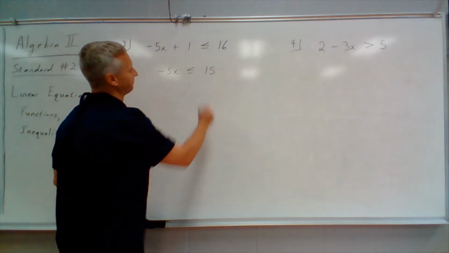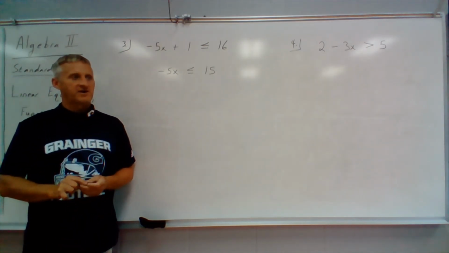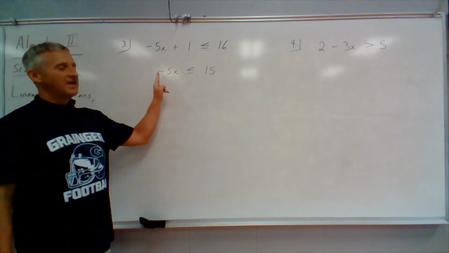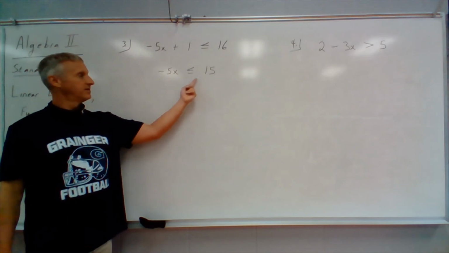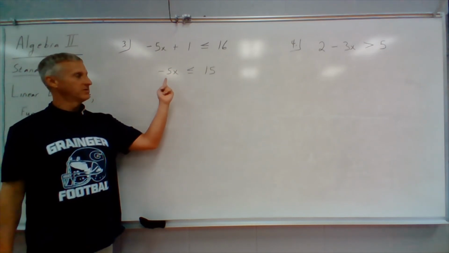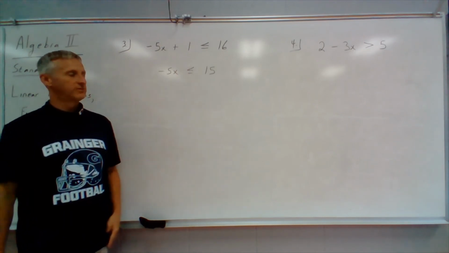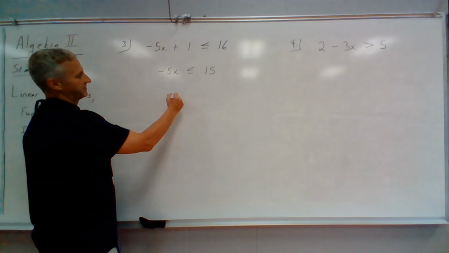You've got to be careful when you do that. Anytime you divide or multiply both sides of an inequality by a negative number, you have to change the way that inequality points. So if I divide both sides by negative 5, I'm going to get x is greater than or equal to negative 3.